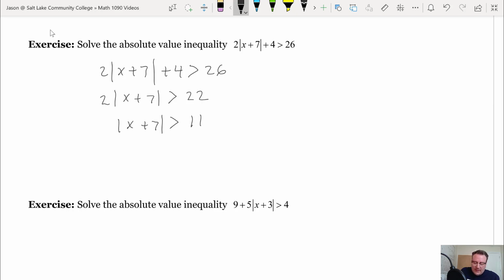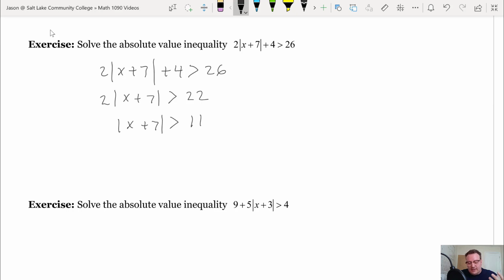However, notice that the direction of the inequality symbol has changed direction. Okay? So what we want to do here is the same as before, but now we don't want to use the connective and between our compound inequalities. We want to use the connective or.